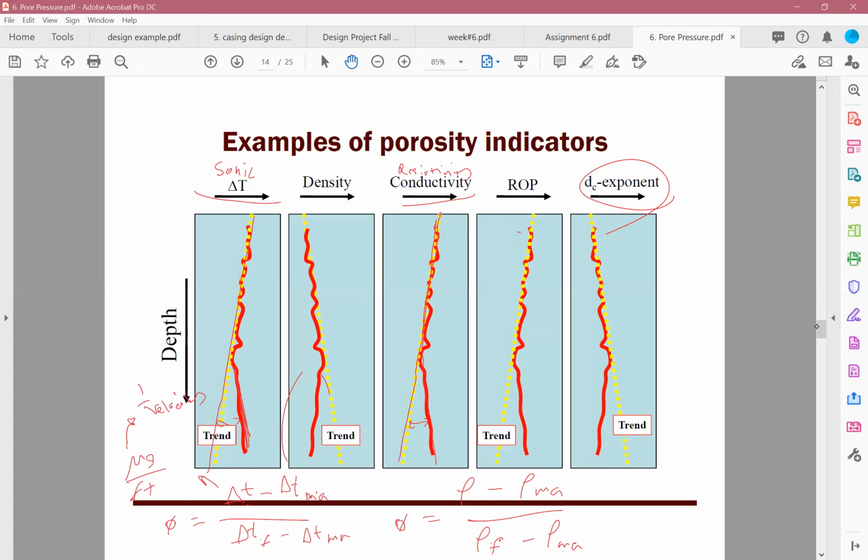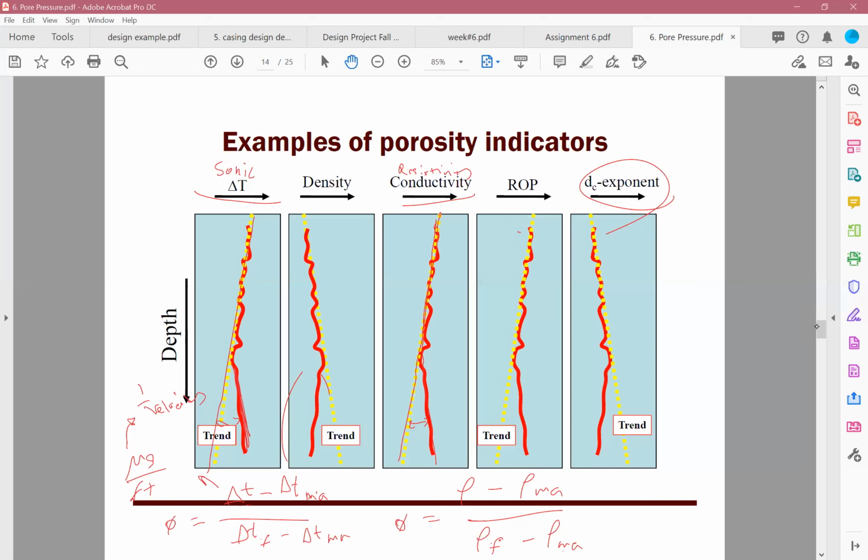Why do we need, again, the pore pressure? They said casing. To set the casing depths. What else? One of the reasons is that one. Figure out your mud density. To establish the mud density.